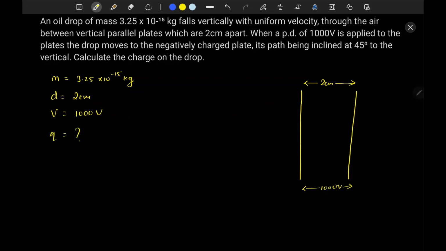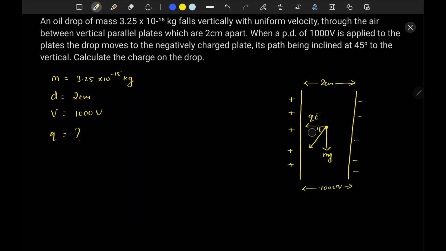Okay, now here this is the oil drop, and in absence of electric field the oil drop will fall downward. When electric field is applied, the charged oil drop is attracted towards the charged plate with a force of QE, and the resultant of the two forces QE and mg will make angle 45 degree with the vertical or horizontal.